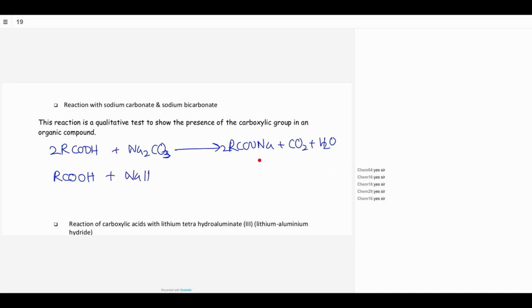Same products: it gives salt, carbon dioxide plus water. So this specific reaction can be used as a test for organic acids, the weak acids, the carboxylic acids. Please copy the reactions.